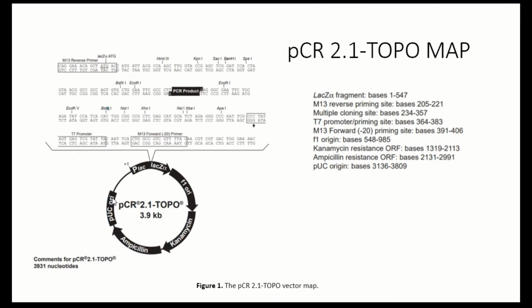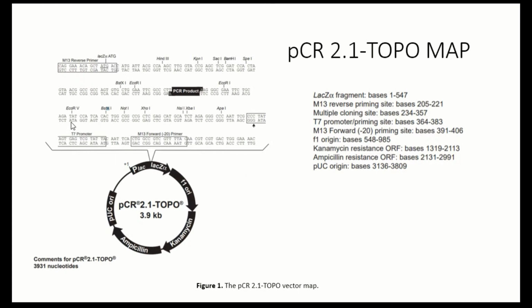In this case, the lacZ-alpha fragment codes for the beta-galactosidase fragment and also acts as a multiple cloning site. Both M13 forward and reverse primers are priming sites useful for sequencing or PCR screening, which are here and here. The T7 promoter also acts as a priming site for in vitro transcription, which in this case is in this part.